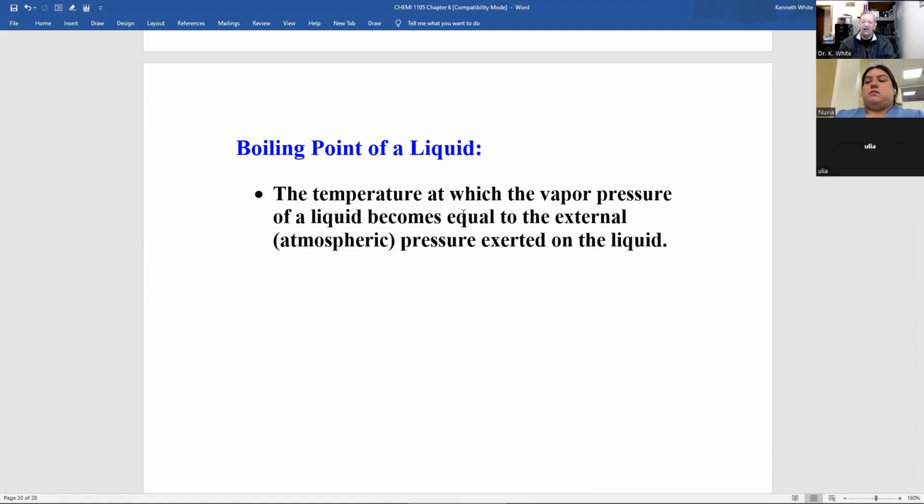So if I'm here in Chicago land and the atmospheric pressure is a certain amount, and you're heating water, when the vapor pressure equals atmospheric pressure, if I were to stick in a thermometer, that's the boiling point of a liquid.